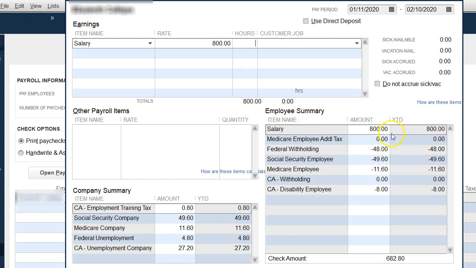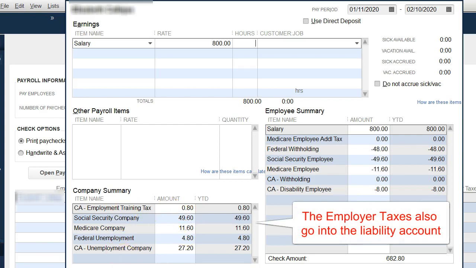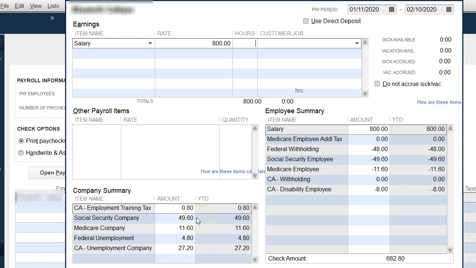Please note that these amounts are on the balance sheet in the liabilities account, along with this amount in the liabilities on the balance sheet. But this amount is also on your profit and loss because these are employer deductible taxes. So both go on the balance sheet under liabilities because they both need to get paid, but this amount only goes to the profit and loss.